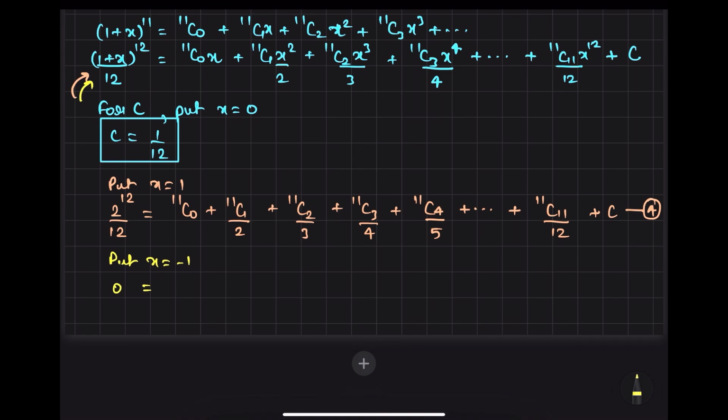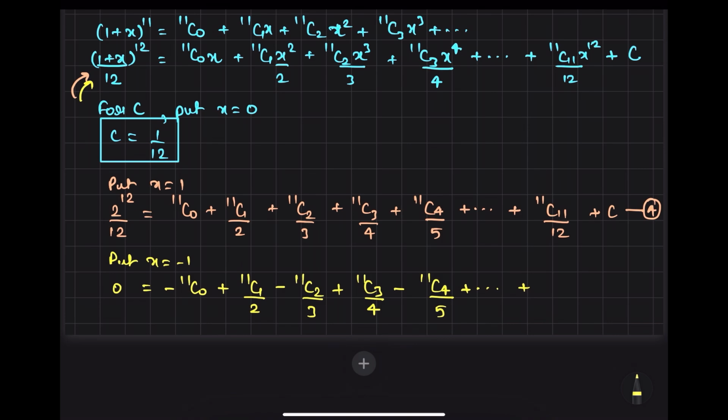Now minus 1, so 11c0 plus 11c1 by 2 minus 11c2 by 3 plus 11c3 by 4 minus 11c4 by 5 plus dot dot dot.